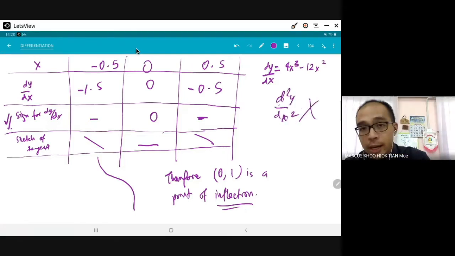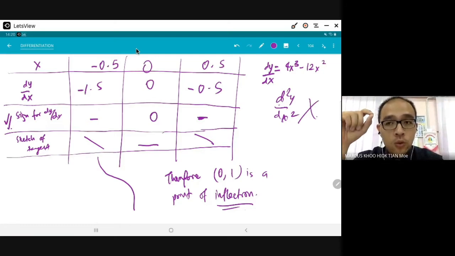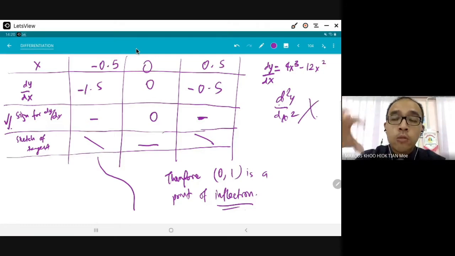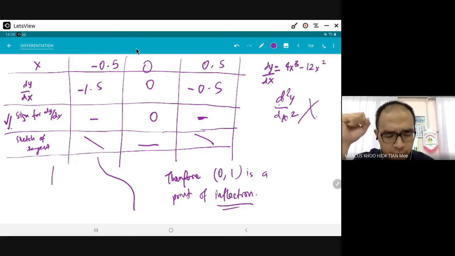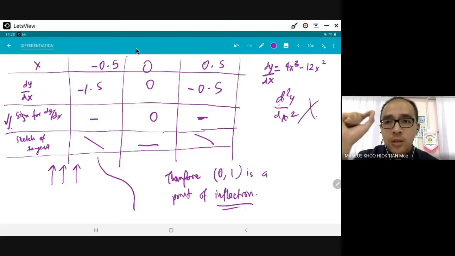This is not allowed. d2y dx2 only helps you to prove whether it is a maximum or minimum turning point. Which is why I'm stressing this very much, that you must know how to prove the type of stationary point by using the sketch tangent. It's a very important skill.